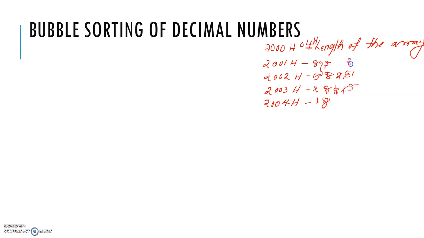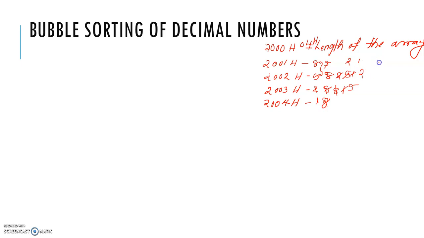Here we repeat this iteration for the third time, that is 1 and 2. So 1 is smaller than 2, so no swapping. 2 and 5, 2 is smaller than 5, there is no need of swapping. 5 and 8, 5 is smaller than 8, so no swapping is needed.